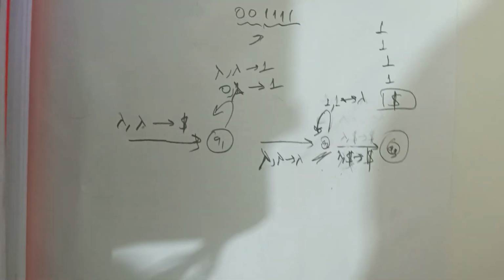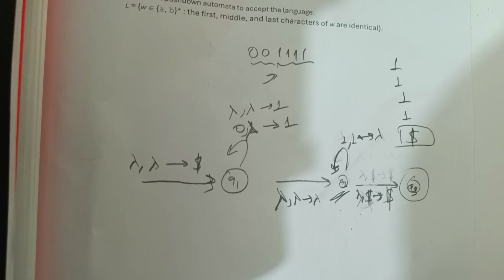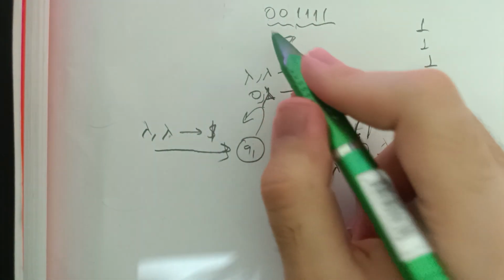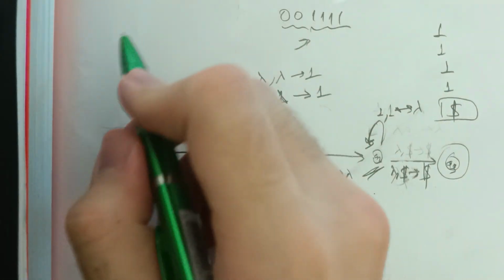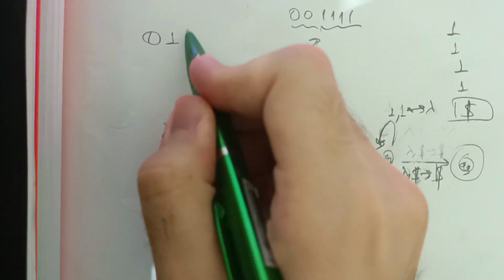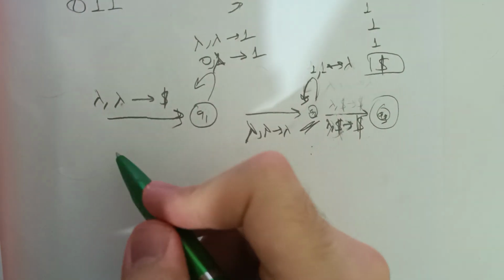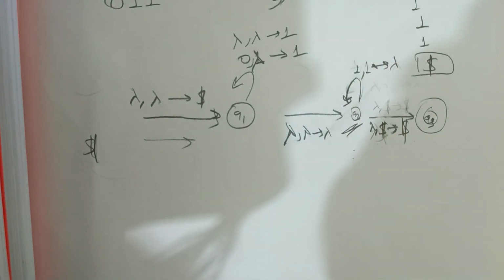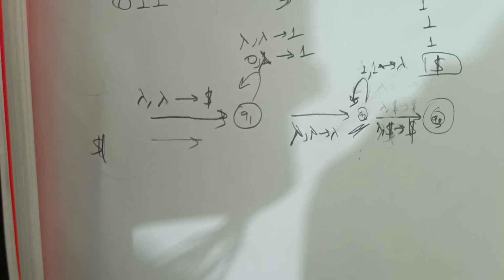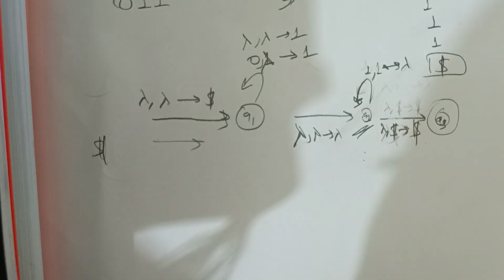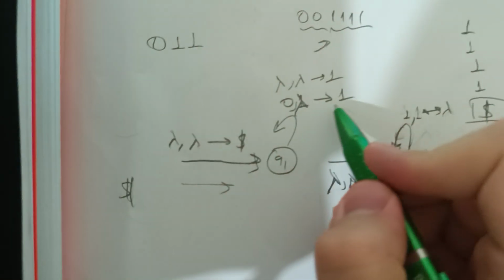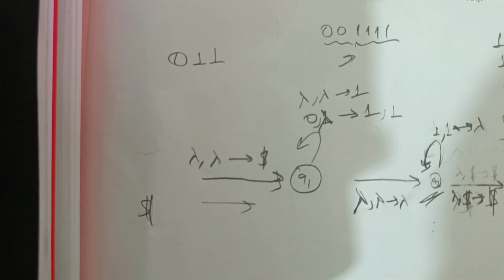Let's test it again. Let's test with 0, 1, 1. First we came here, put a dollar sign at the bottom of the queue, then we read 0, so that we put 1, 1 and 1, as you see.